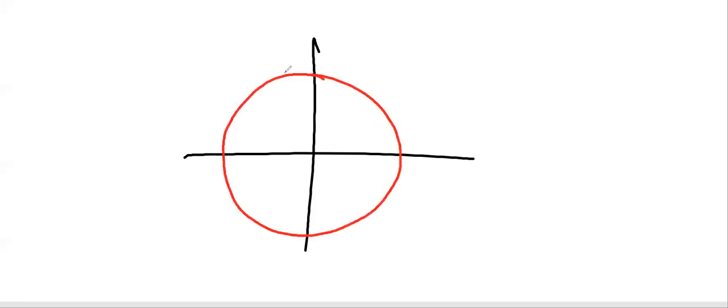Okay, let me ask you one question here. Let's say this is the unit circle, and let me draw some pole and zero locations here. This is a pole, and this is a pole, and we have another 0 at the center.